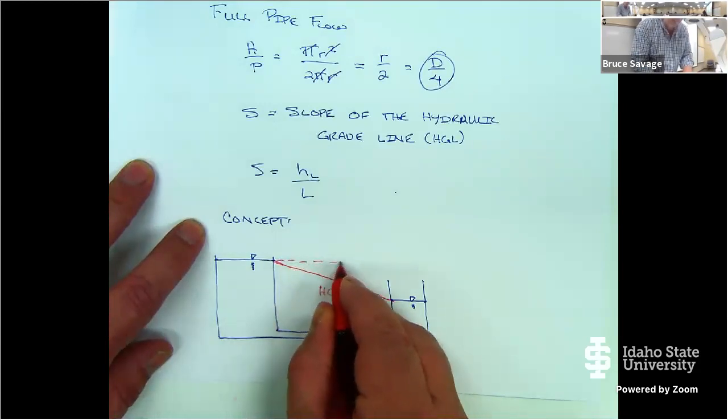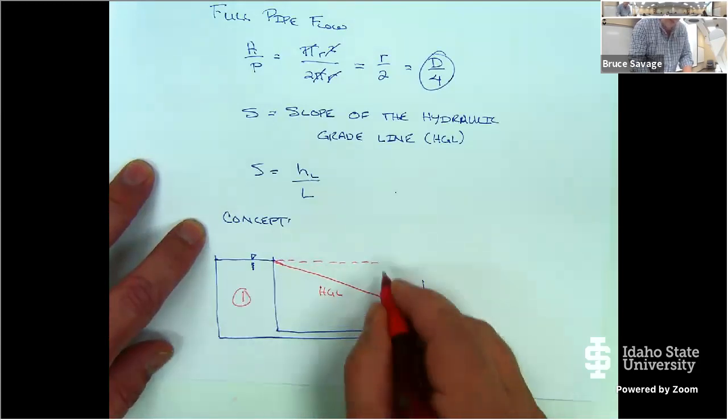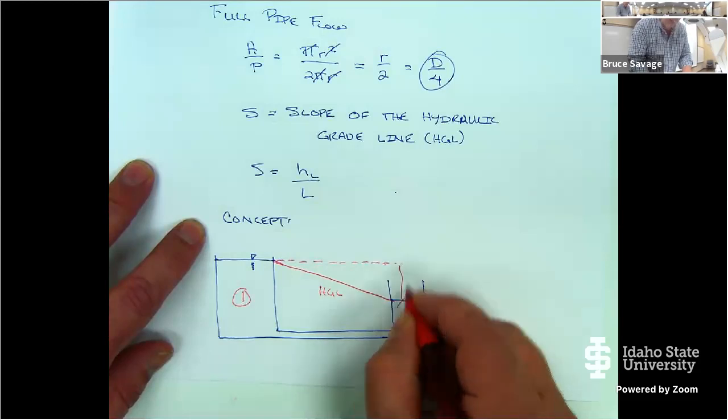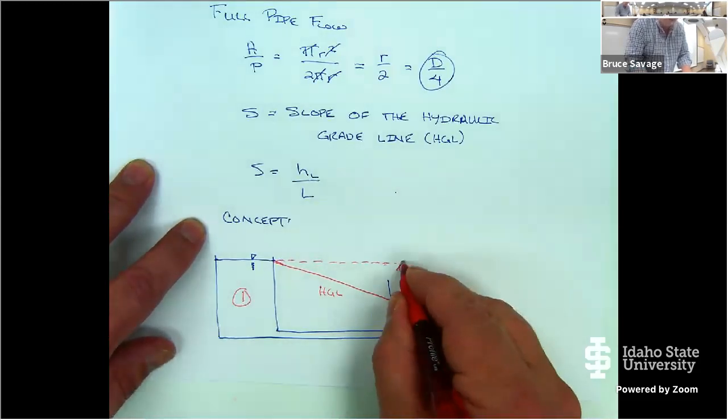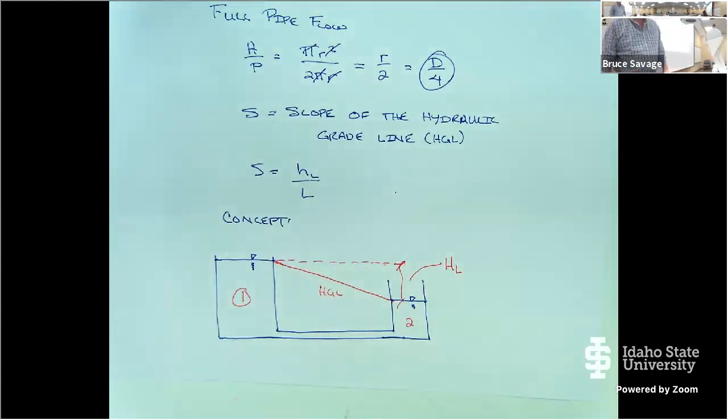Well, I initially had as much head as was in tank 1, and when I get over to tank 2, that distance between those lines represents my head loss, because I have a certain potential energy in tank 1 and a certain potential energy in tank 2, and I've lost that by the time the flow gets to 2. Okay?